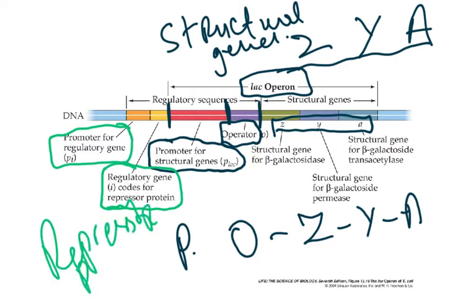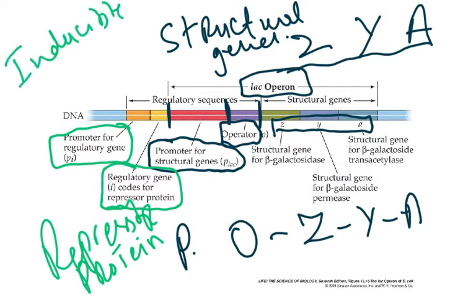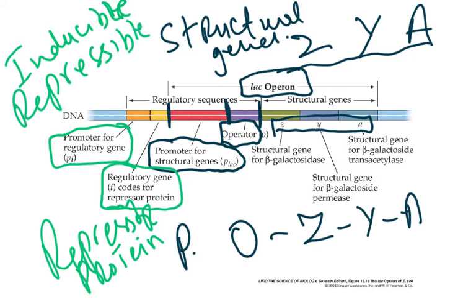And a repressor protein, as the word tells you, means something which is going to be repressing something. We're going to be talking of 2 things. Number 1, inducible, which can be induced, and repressible. So please understand these 2 words before we continue with the details of this Lac Operon.